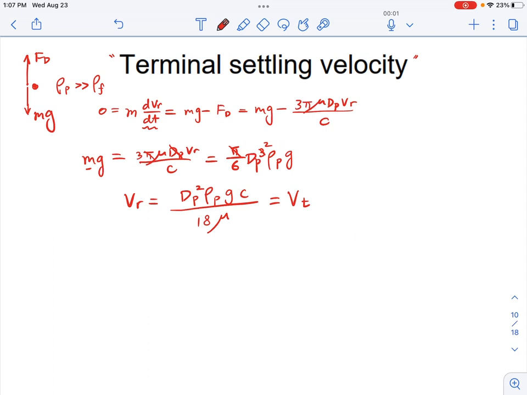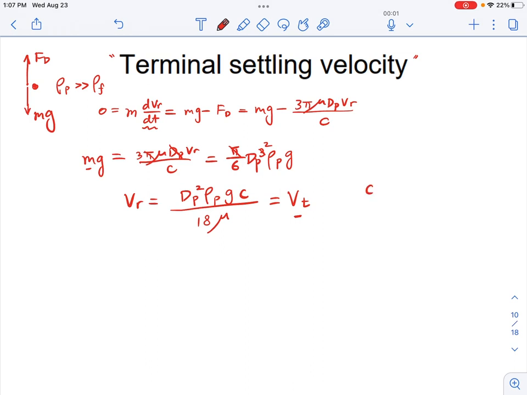Basically you can see that the terminal velocity is a function of particle size. In general, the larger the particle size, the faster the terminal velocity. So assuming that the particle densities are the same, if you have larger particles in terms of size, then their settling velocity will be larger.